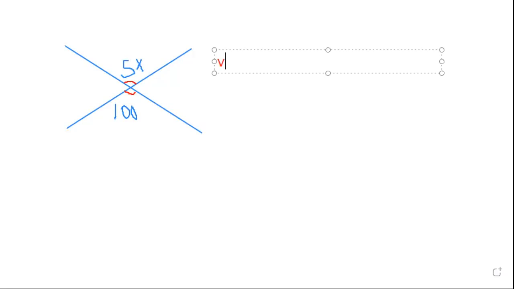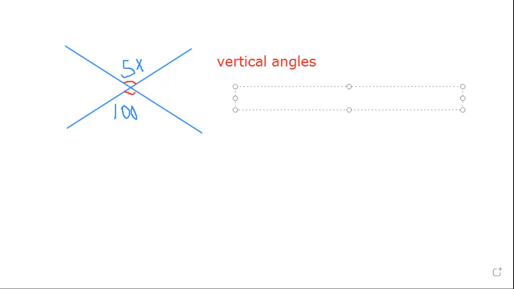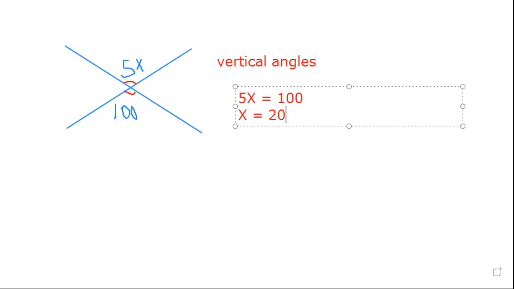So here in this one, we have vertical angles, and they should be equal, which means 5x equals 100. Then like the previous examples, we divide both sides by 5, and x equals 20.